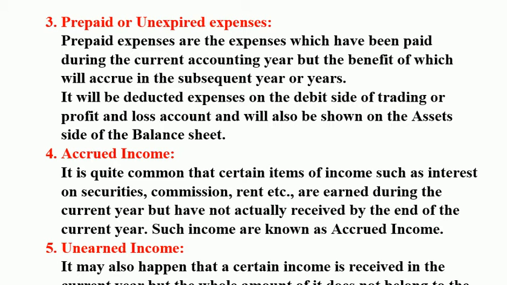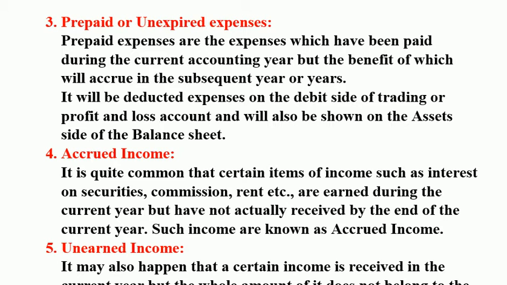Those expenses are known as prepaid expenses. For example, if an employer paid the salary for 2 years to its employees, the extra 1 year salary which the organization has paid is prepaid expenses, right?